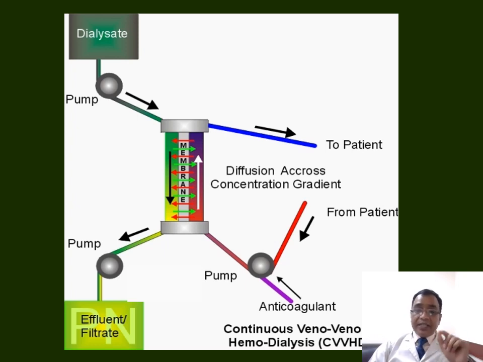Whereas in hemodialysis, the effluent is equal to dialysate volume plus ultrafiltration volume. Suppose your dialysate rate is 1 liter per hour and you are making the patient negative by 50 ml per hour. So your effluent volume would be 1050.